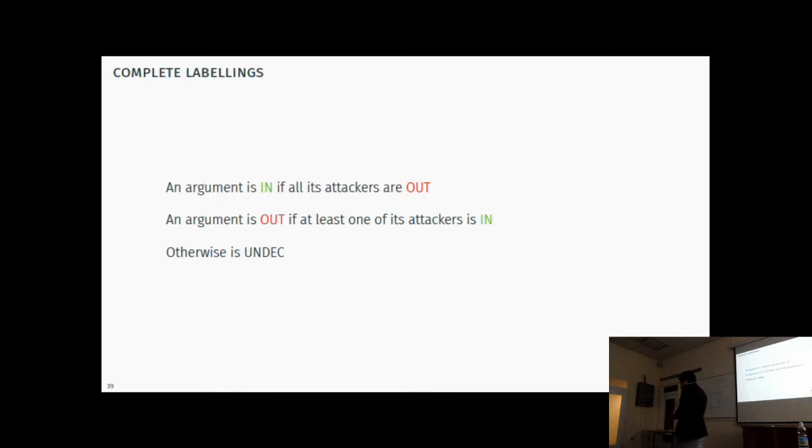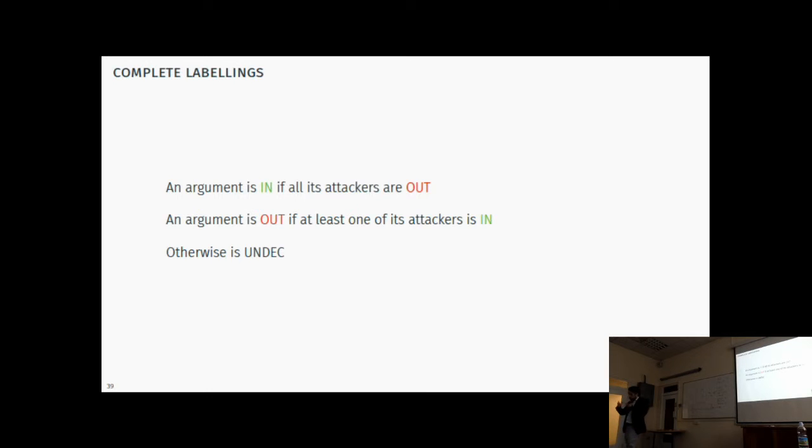So instead of defining a set of arguments as the acceptable set as the result of our reasoning process, we can define a labeling system of those arguments. So we can say that there is a function from arguments to a set of labels, and this set of labels is in, out, and undecided.